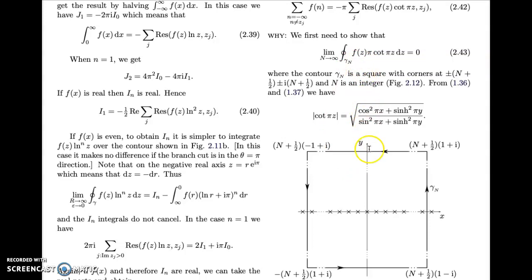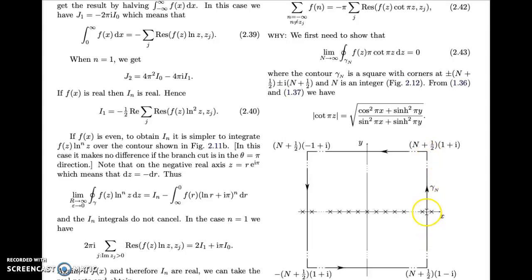Okay, so the contour integral is a square. The reason for choosing this n plus a half is simply so that we don't integrate through a pole. That's all. And just for convenience, we make it a square.